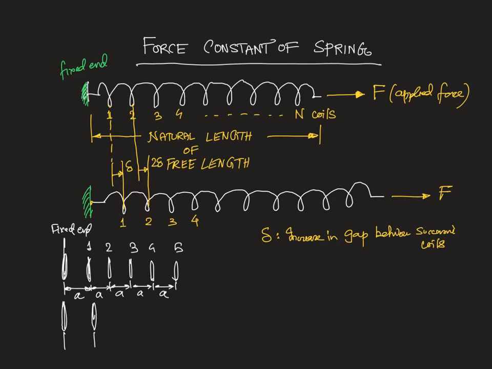Let's draw the coils 1, 2 and 3 afterwards. 1, 2, 3, 4 and 5 will be like this. Okay. So now this gap has become A plus delta. This is also A plus delta. This is also A plus delta, like this. So the gap increases by delta.